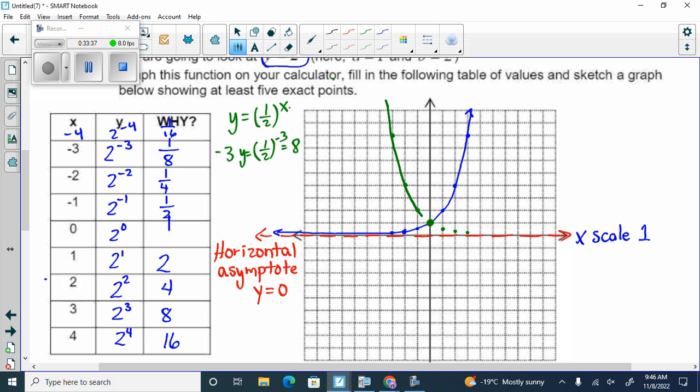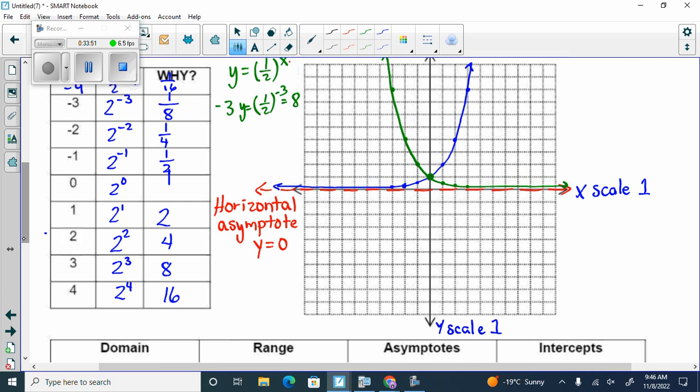Wait a second. It's decreasing, but it's also completely reflected in the y-axis, isn't it? How the heck is that possible? Half is 2 to the -1? Yes. 2 to the -3. We can only compare graphs for transformations if they have the same base. So the graph we've just compared is 2 to the x, and the other one is 1/2 to the x.